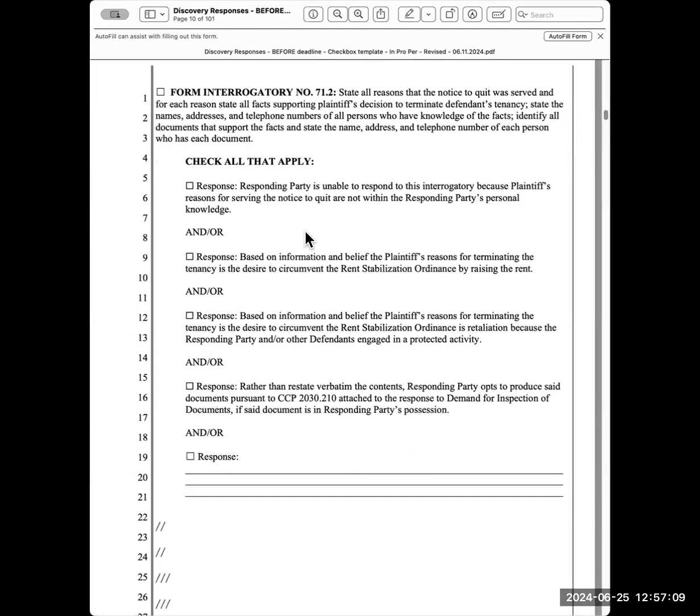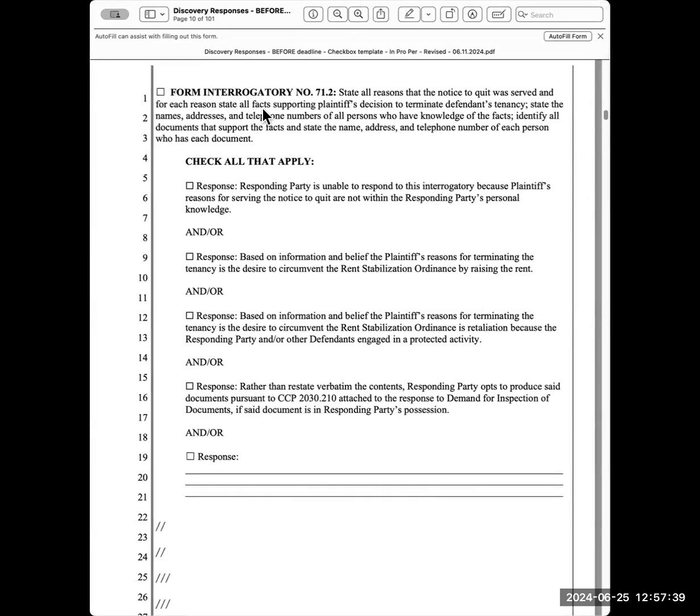And sometimes that motivation can be things like, you've been living here too long, you're not paying enough rent. If I get you out, I can raise the rent much higher, right? Sometimes landlords spell it right out. Sometimes they say it out loud. Other times they put it in writing. They'll text it or email it. And if you have evidence of that, you can include that here as the motivation behind the reason.